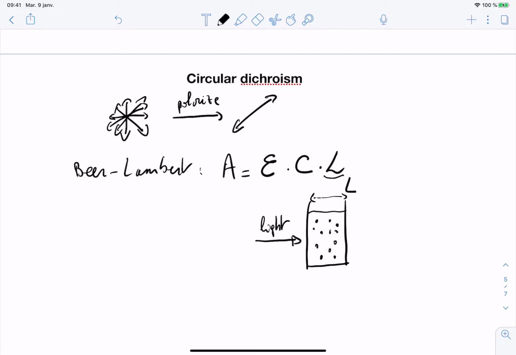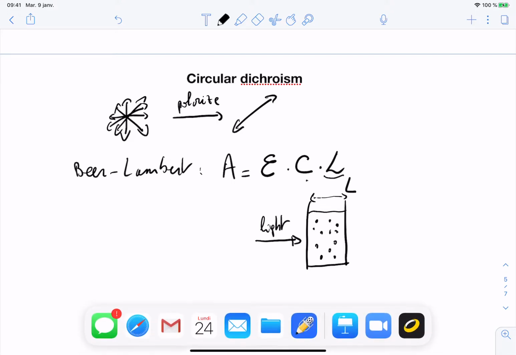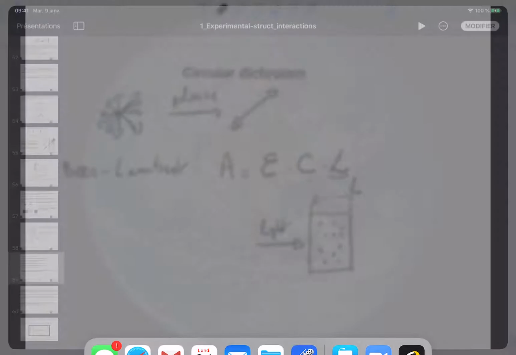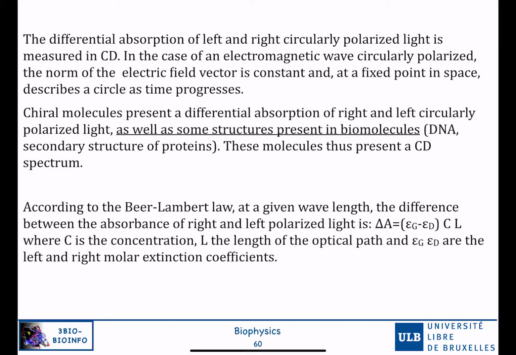And so of course if you increase this length, the quantity of light that will be absorbed will be larger. If you increase the concentration, of course the quantity of light that will be absorbed will also increase. And here what you do is to measure the difference of absorbance of the right and left polarized light.